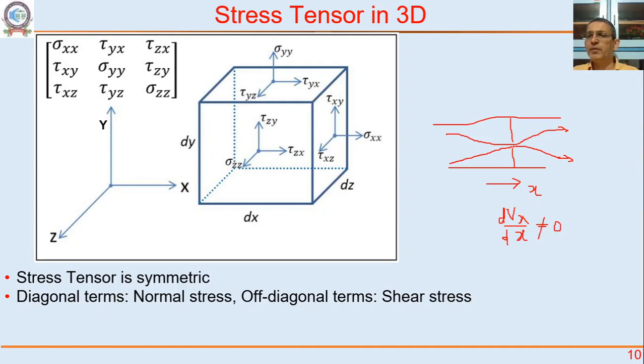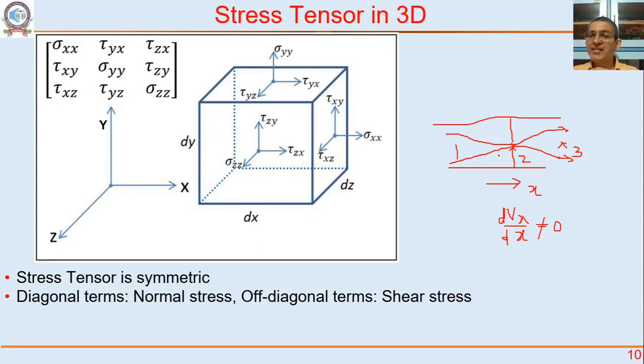Same way, if you look at the orifice part and the pressure recovery part here, let's take a point here and point here. Let's call this point number 2 and this point number 3. Between 2 and 3, can we say Vx is reducing, which means dVx by dx is non-zero? Between 1 and 2, Vx is increasing in the x direction, which means dVx by dx is there.